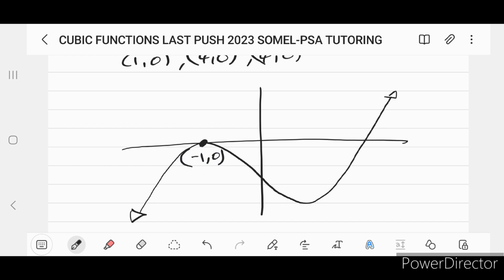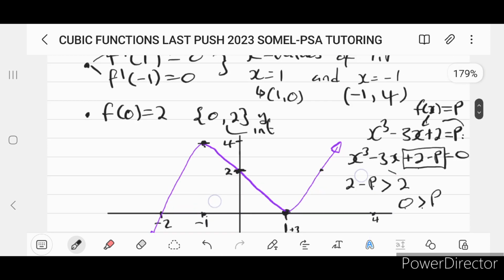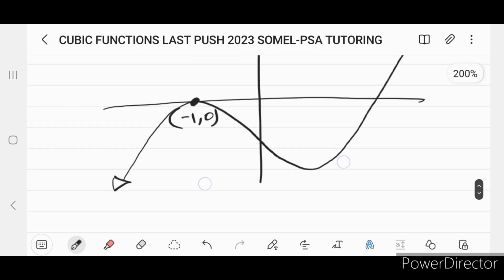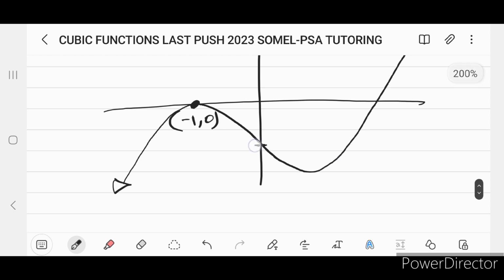It was (negative 1, 4). So I've just moved this function downward by 4 units. So if I move this function downwards by 4 units, I've also moved the y-intercept downwards by 4 units. So from positive 2, if I move it 4 units down, it's going to cut at negative 2. So the y-intercept here is negative 2.